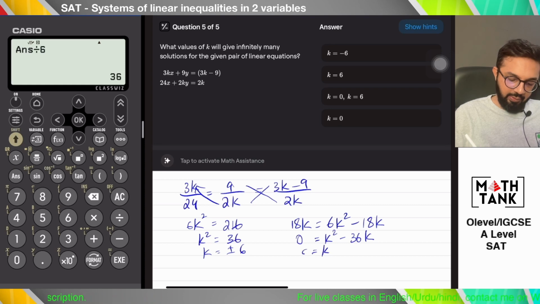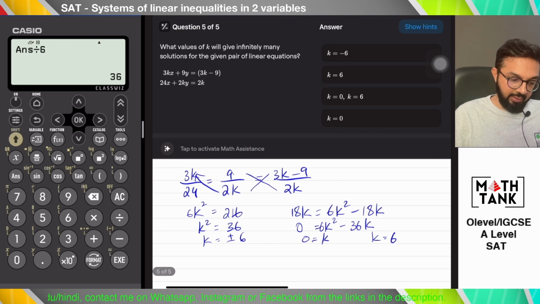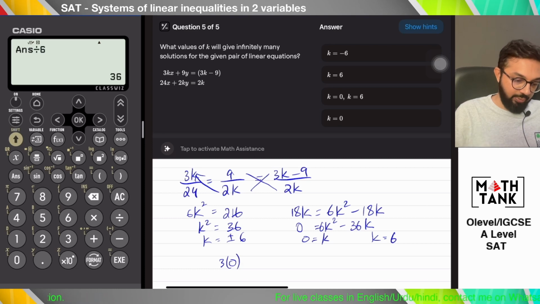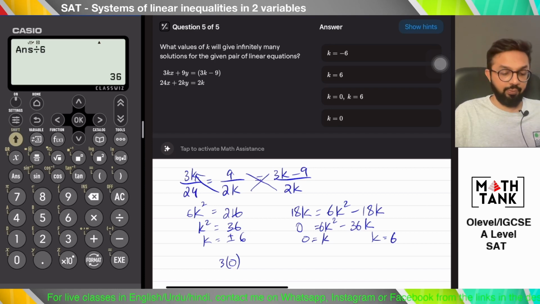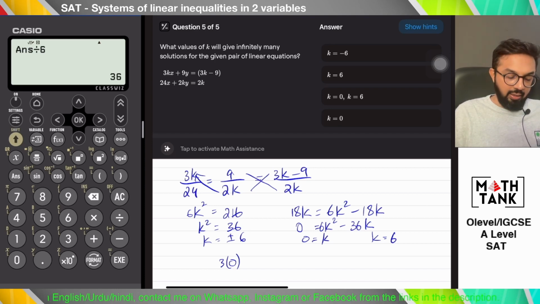So either k is 0 or k is 6. So I'm getting three answers. I need to verify which of these is correct. How do I verify this? If I put these into the equations, I will see that 0 doesn't work because when I say 3 times 0, it gets rid of the x coefficient. And I'm only left with 9y equals 0, and the other equation gets rid of the y coefficient, and I get x equals 0.